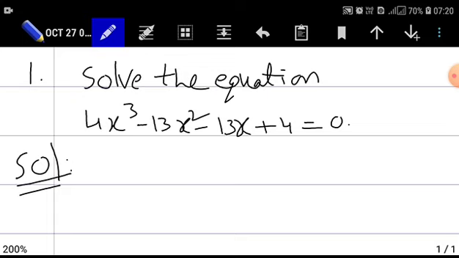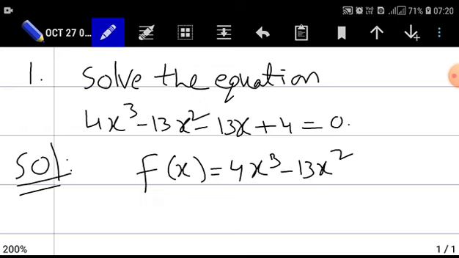The solution: first we take the given equation as f of x equal to 4x cube minus 13x square minus 13x plus 4. So the procedure for this, we have to substitute x equal to 1 by x.